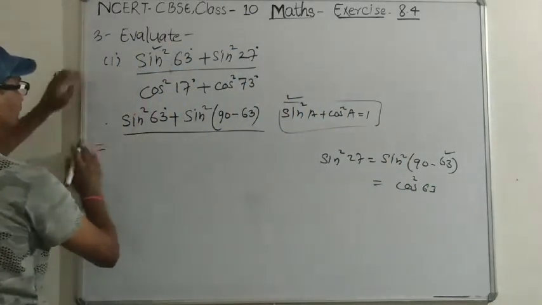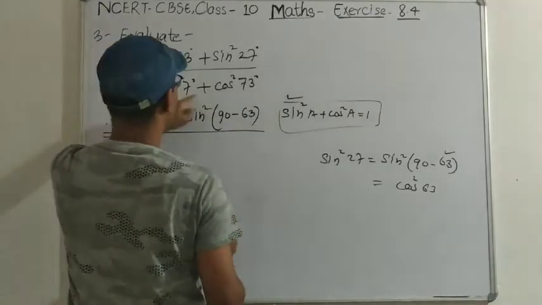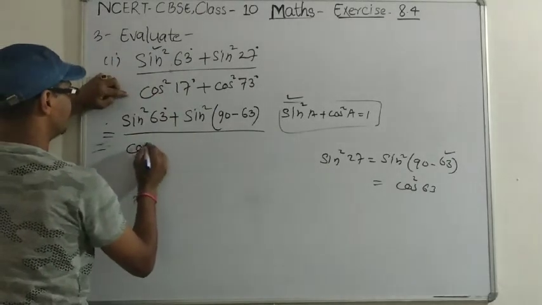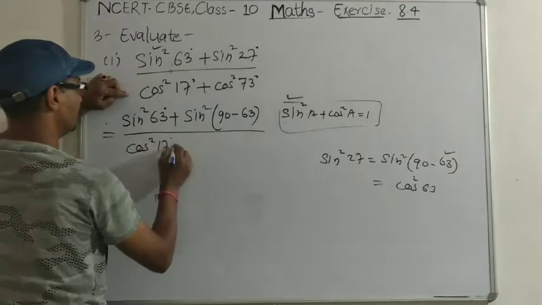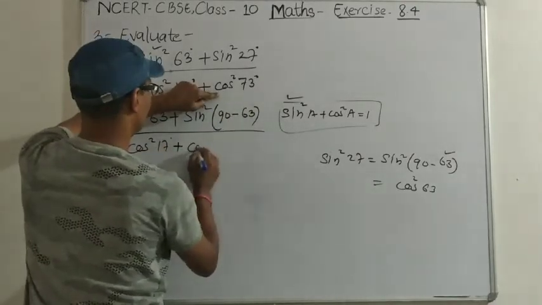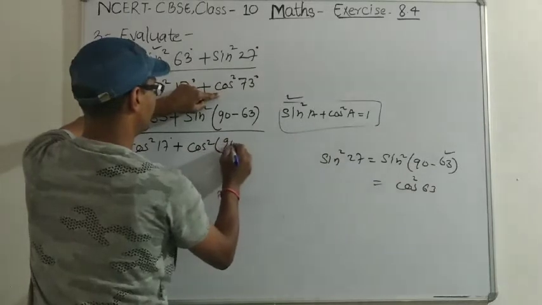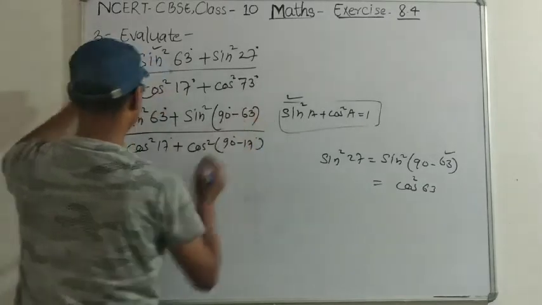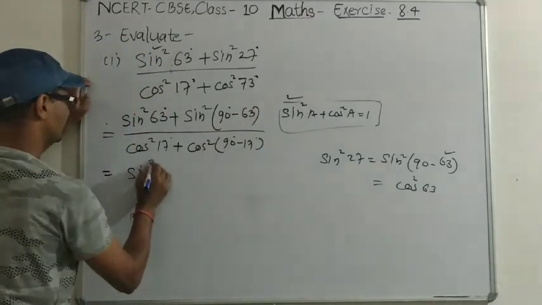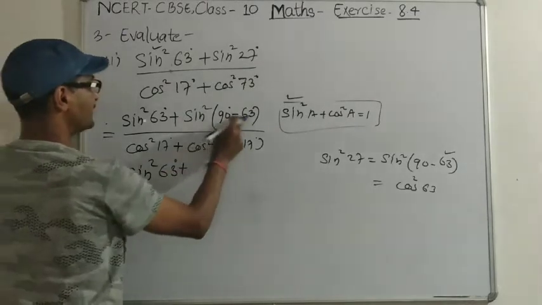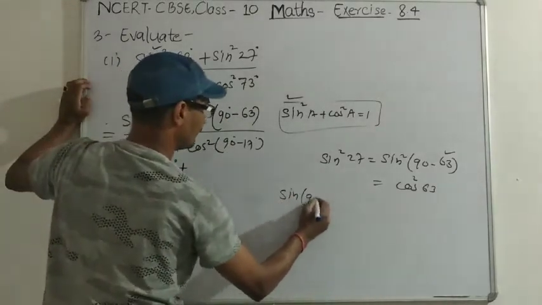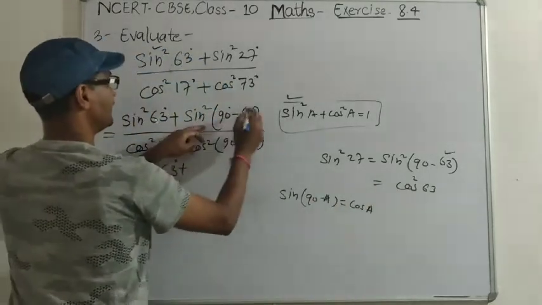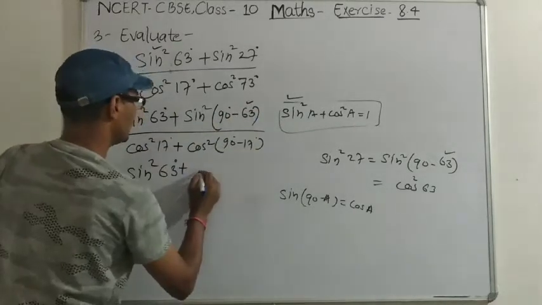Just like the next one, here both are cos square, so we can change anyone, only one of them. Suppose we change this one: cos square, what do we subtract from 90 to get 73? The hint is given here, 90 minus 73 degree. So sin square 63 degree plus sin (90 minus A), the formula is cos A, and it is square.